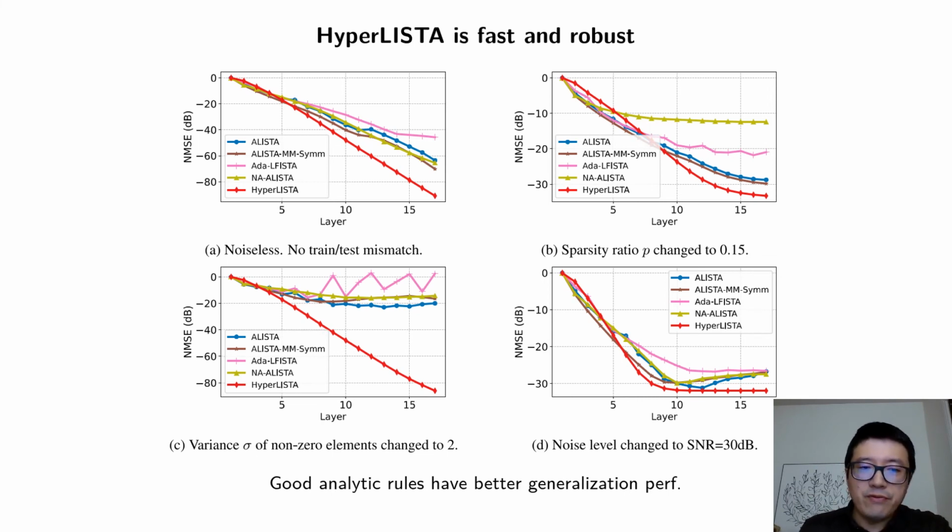We change the variance of the non-zero elements of the true signal to 2, and other methods start to perform pretty poorly. And HyperLISTA, the same network with those formulas, still works. And we also change the noise level. And in this case, many methods still work, but HyperLISTA works the best.